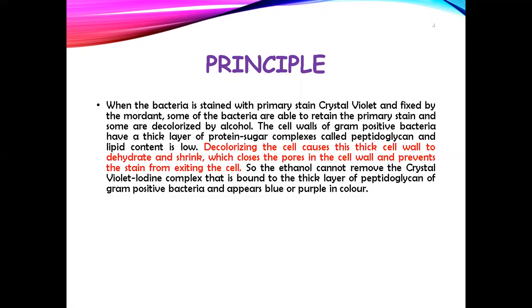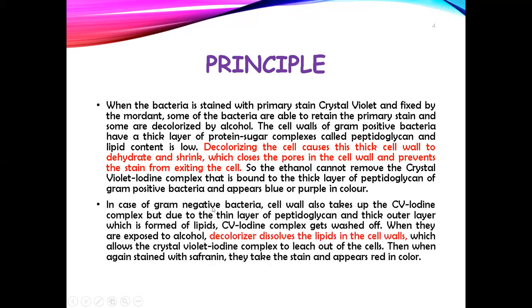So decolorization causes the gram positive cell wall to dehydrate and shrink, which prevents the stain from exiting the cell. So the ethanol cannot remove the crystal violet iodine complex which is bound to the thick layer of peptidoglycan in case of the gram positive bacteria, and thus they appear blue or purple in color.